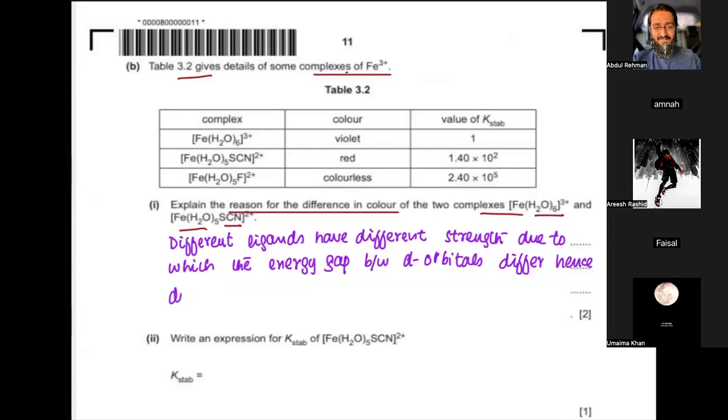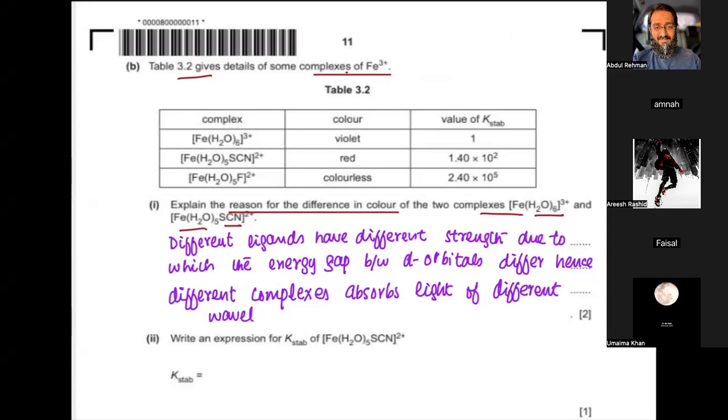Hence, different complexes absorb light of different wavelengths. If they absorb light of different wavelengths, they are going to transmit different wavelengths. So as a result, the color gets different.